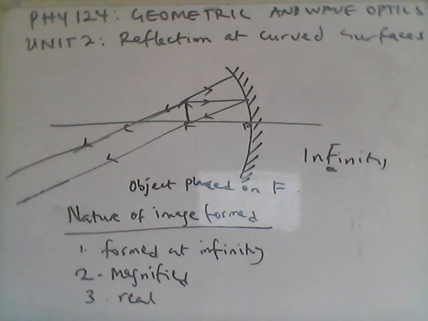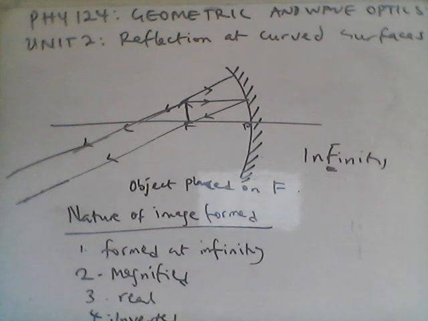And it is inverted. So these are the characteristics for an object placed directly on F. It is real, it is formed at infinity, it is inverted, and so on.